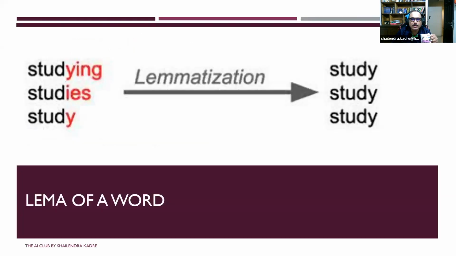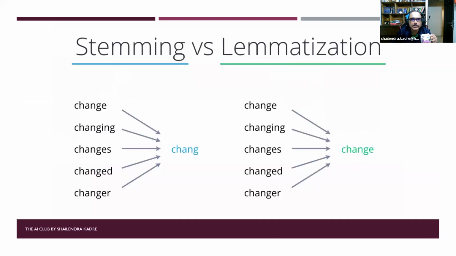Okay, so I want to tell you the difference between stemming and lemmatization. You can observe that on the left hand side transformation, we have just removed the suffix ing, es, ed, er, and just got the root word. The root word is converted to chang.